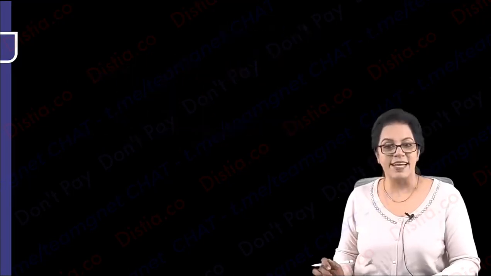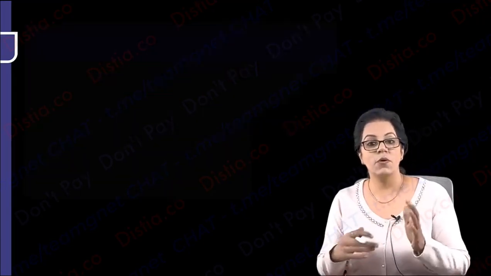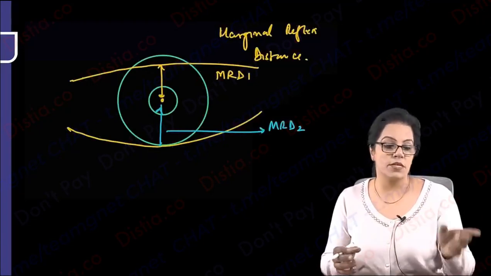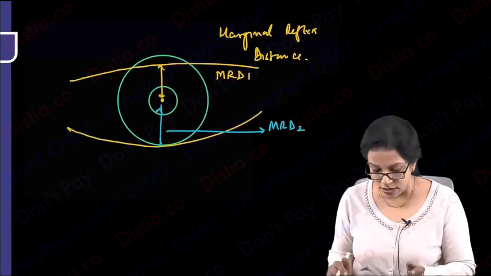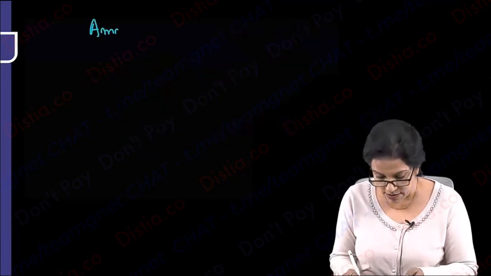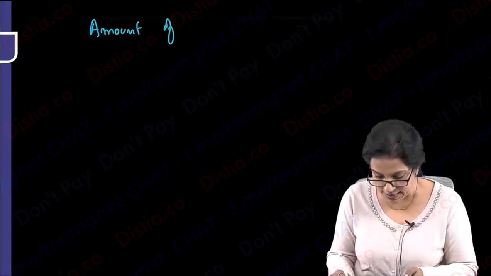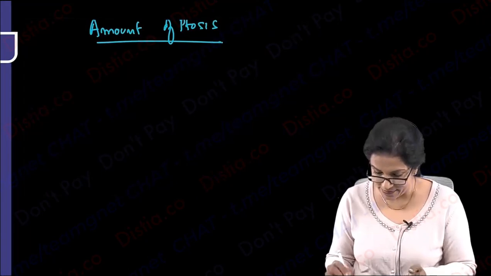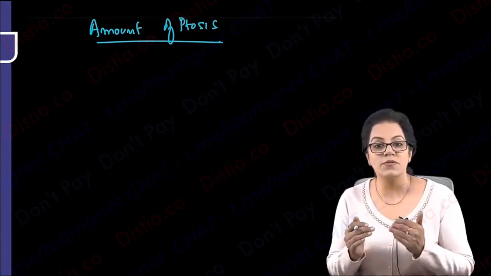Now once you know this, how do I decide the amount of ptosis? If it is a unilateral case, I am just going to compare with the other eye. So we can decide the amount of ptosis.